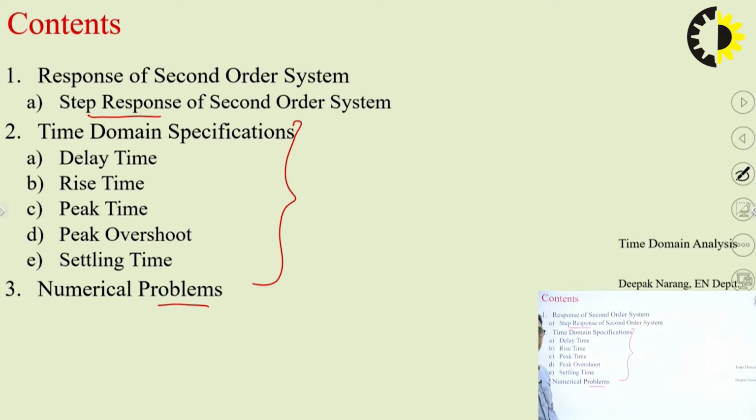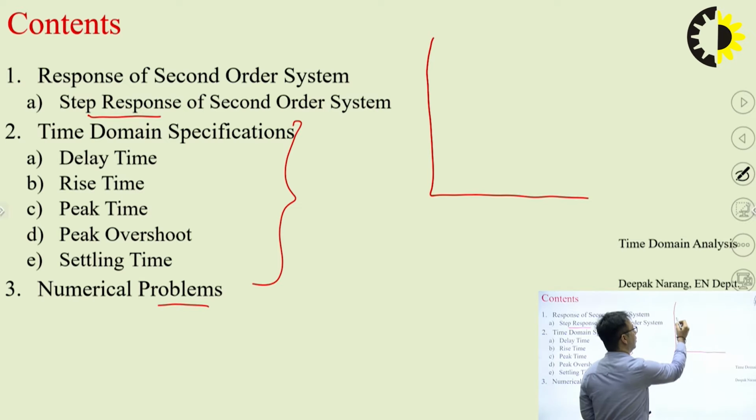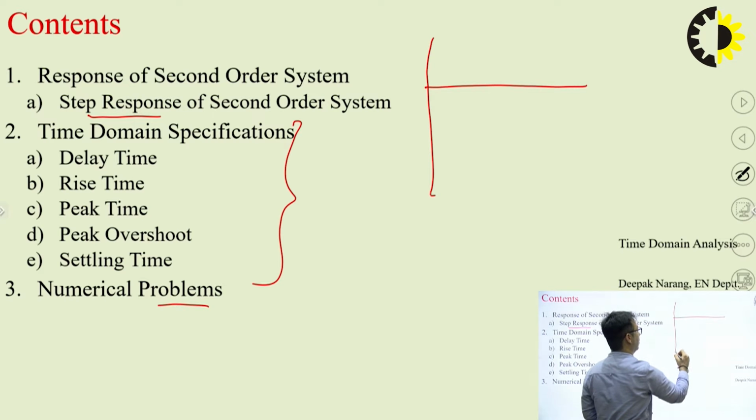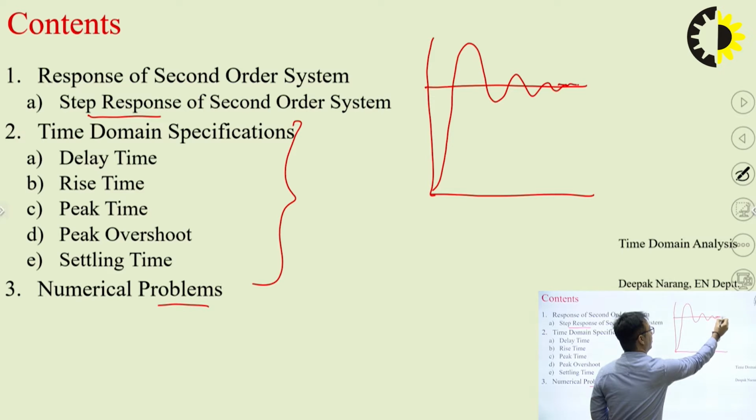Okay, before moving further, first of all, we should know what is time response of a system. Time response is nothing but how a system behaves with respect to time. We can classify the time response of a system into two parts. Say this is the time response.